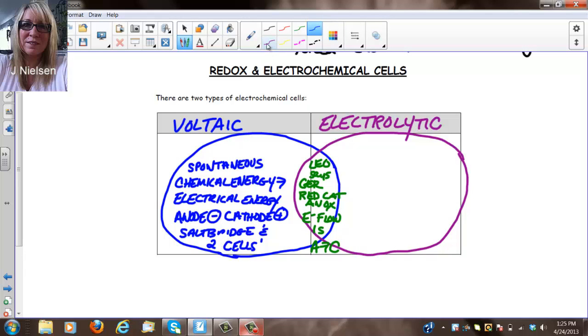Okay, what about an electrolytic cell? Well, it's non-spontaneous. It is electrical energy to chemical energy.